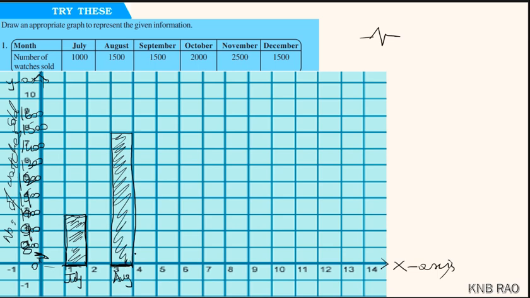Similarly, we can keep drawing, giving equal gaps between the bars and keeping the size of the bars uniform, with uniform width. It means we can go for plotting this bar graph. In the month of September also 1500 watches are sold, so I am rising to 1500.